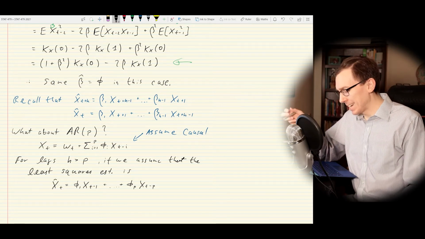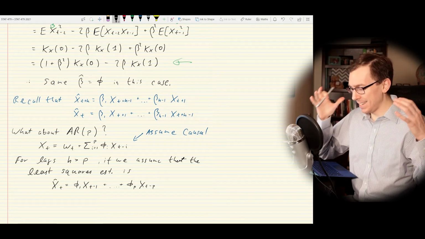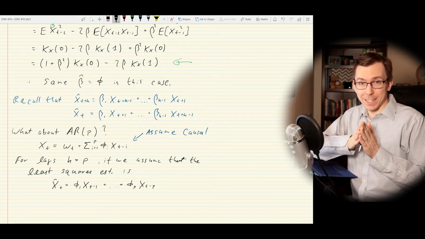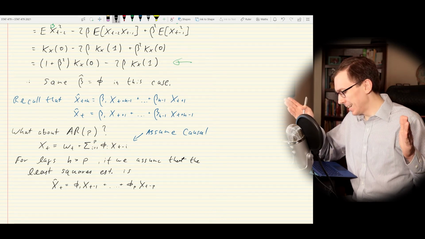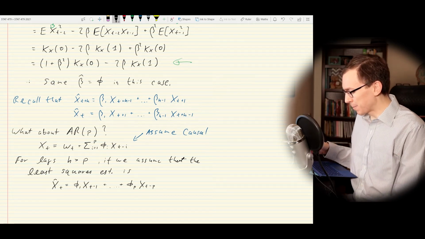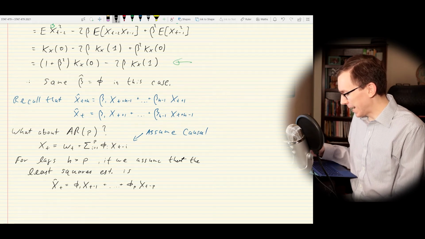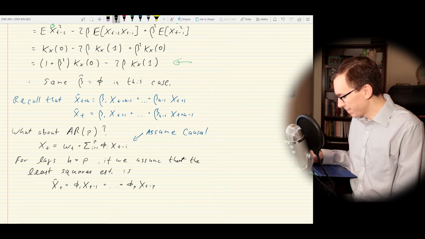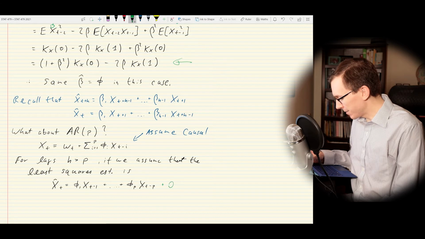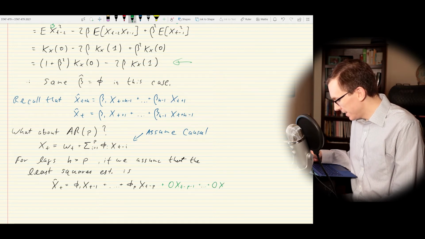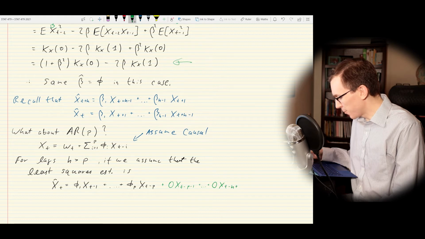Much like I said last time, if we want to predict x_t given the previous p measurements, even given more measurements, right? Because effectively what I have here is, I'm going to write it in green, technically, I have a bunch of other stuff like 0 times x_{t-p-1} plus 0 times x_{t-h+1}.